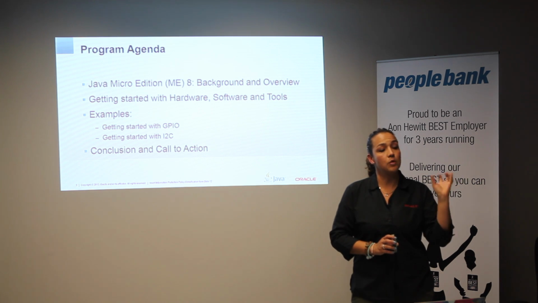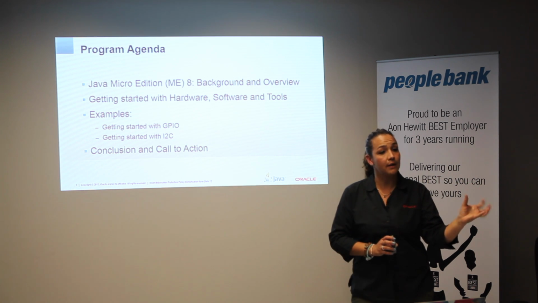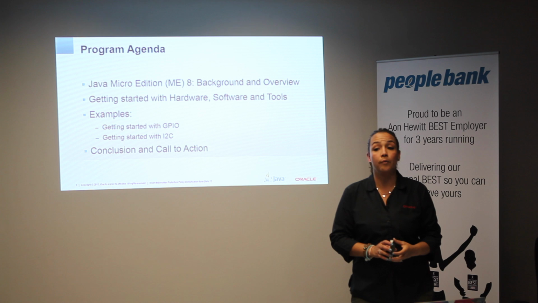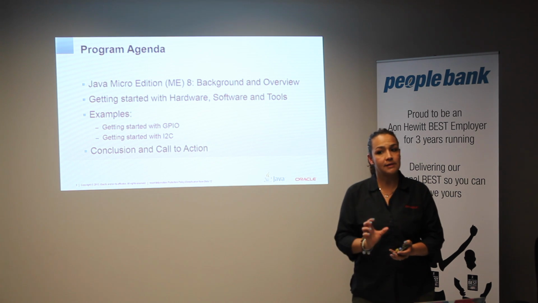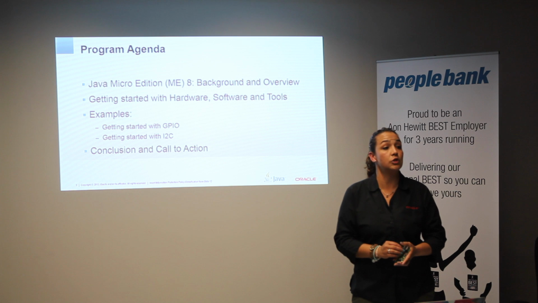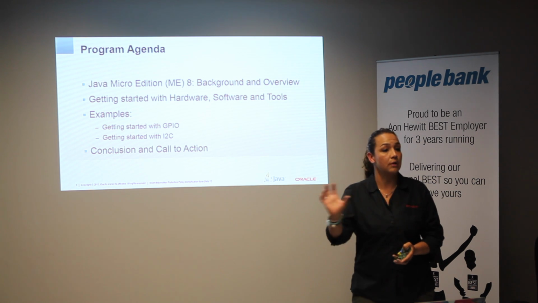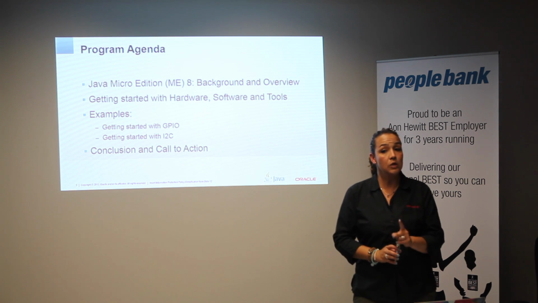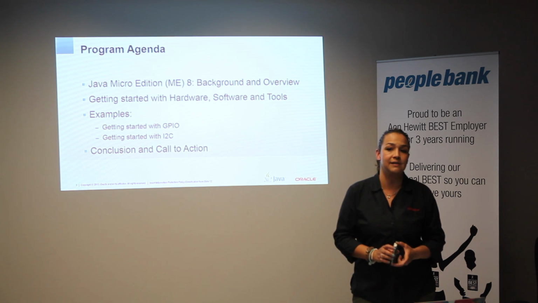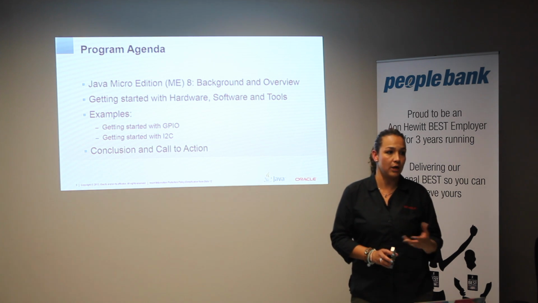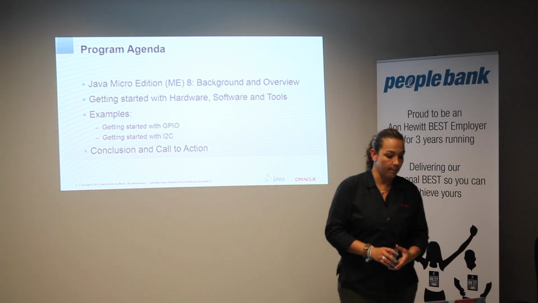So I ended up using Java SE embedded with an external library called Pi4J. Java ME embedded includes the device access API, which is what we're gonna see today, that has everything to connect to peripherals. The good news is the device access API is gonna be part of Java SE embedded. So Java SE embedded will have both things.